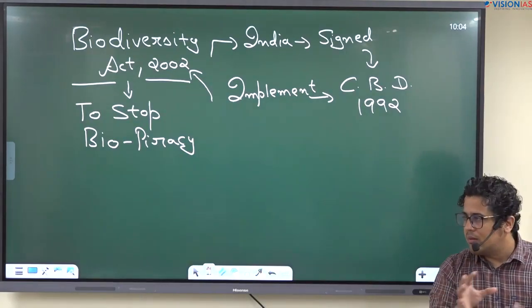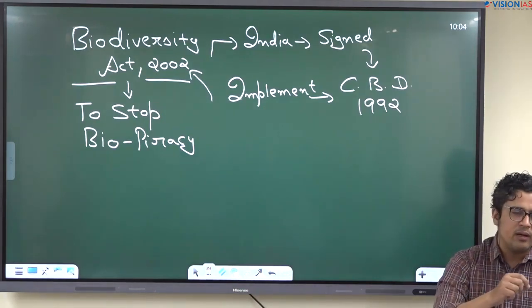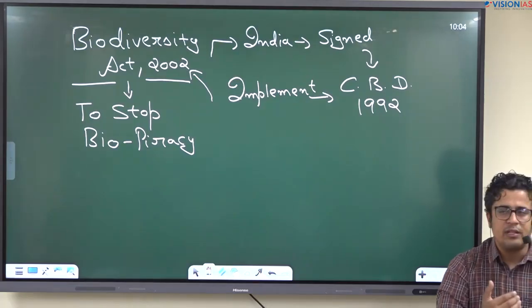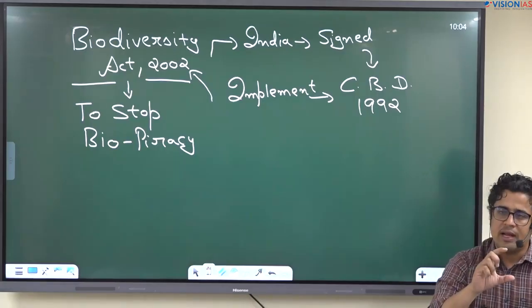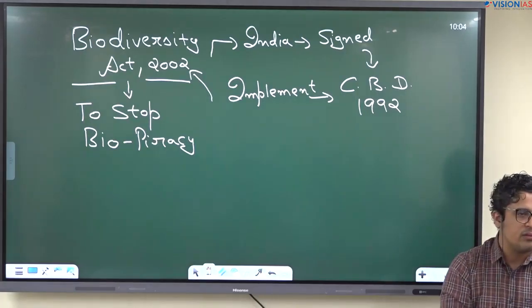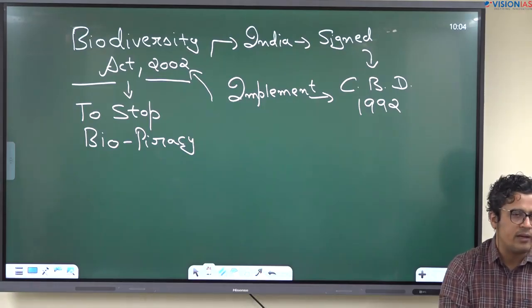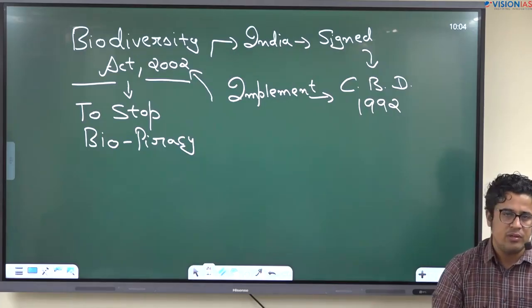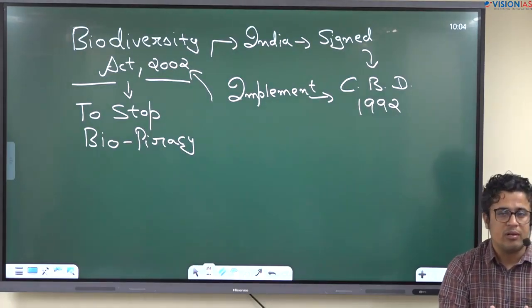What happened 20-30 years back is that a US company claimed that using neem extract as an insecticide is their invention. They tried to patent it and get all the rights. India objected that this is not their invention, that we have been doing this for quite a long time. India won that case in the WTO.